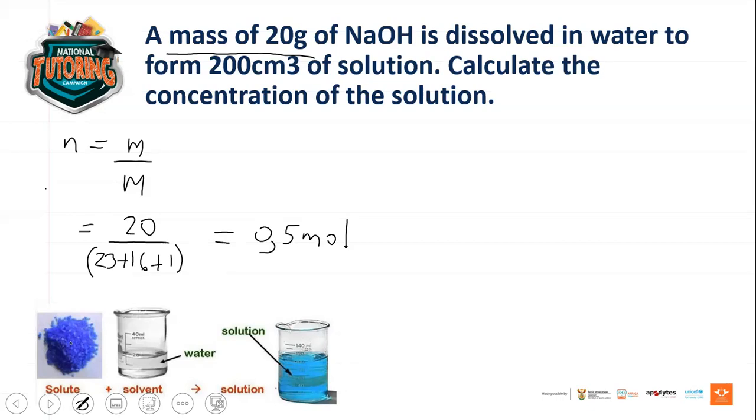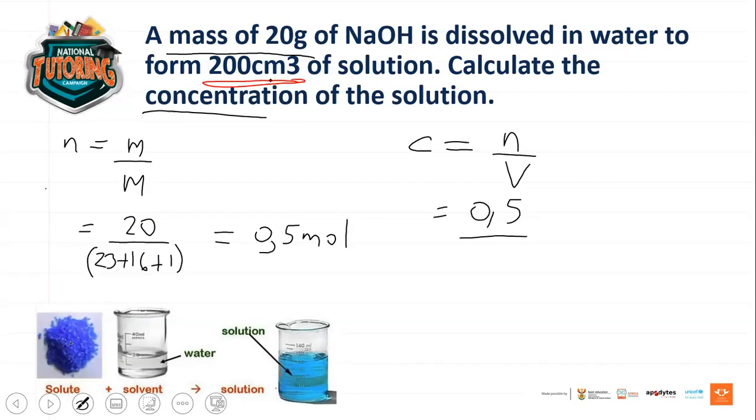Now we can work out the concentration, because concentration is equal to the number of moles divided by the volume. We've just worked out the number of moles, it's 0.5. And the volume is given to us, it's 200 centimeters cubed. Now, there's a little trick.